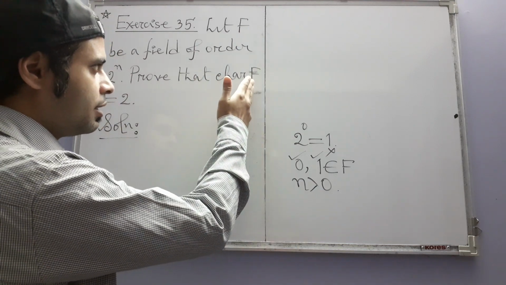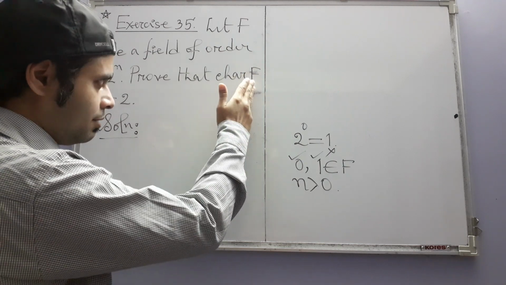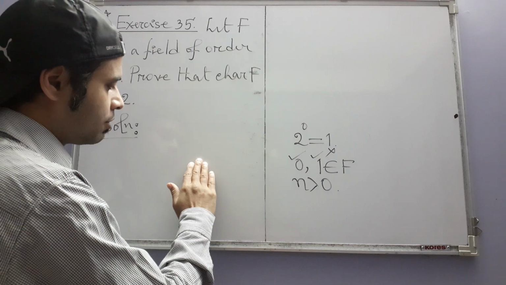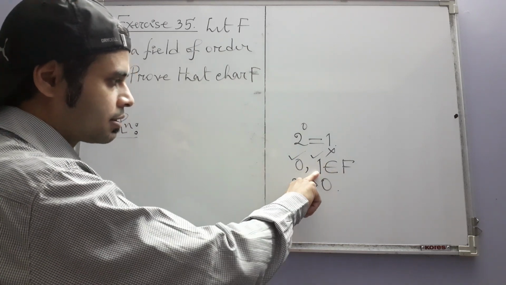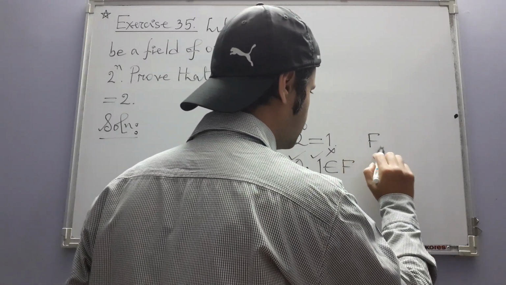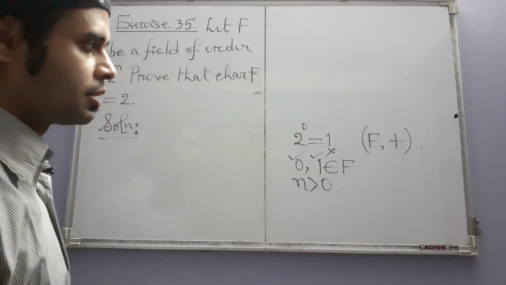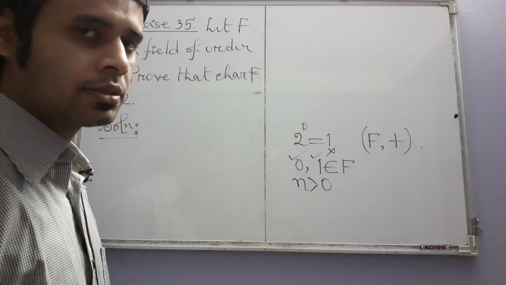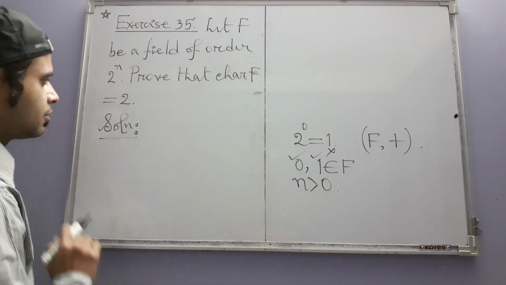Since we are in a field, we know that the characteristic of F is in fact equal to the order of the unity in F considered as an element in this group, where the set is of course F, the field, and the operation is addition, the addition that we have in the field. So we start off accordingly.